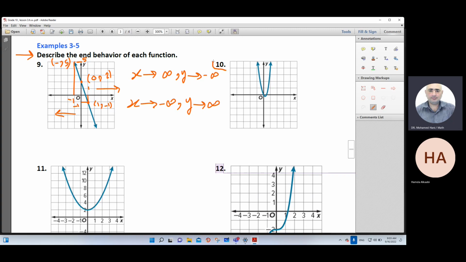For number 10, if you take this point, as you see here in the x 1 and in the y 3, means we have (1, 3).